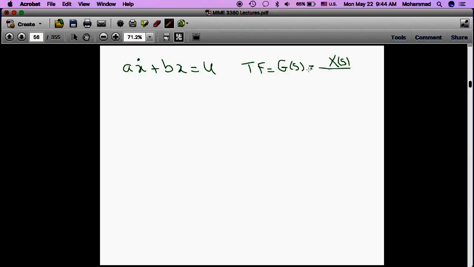And to make it even clearer that we are in the Laplace domain, I put a pair of parentheses and s, to show that X is a function in the s domain. So output over input. What is the input? It should be U of s, again capital, as the denominator.